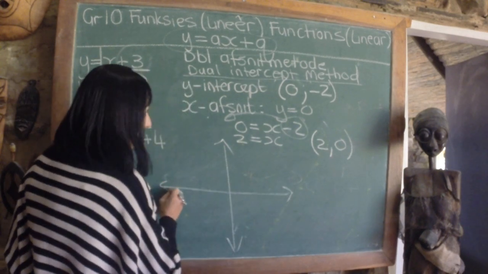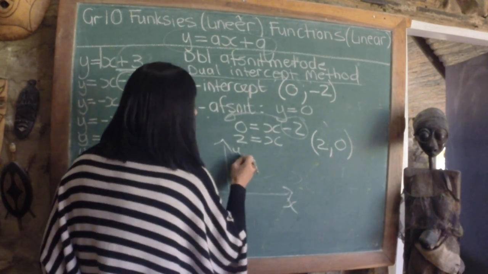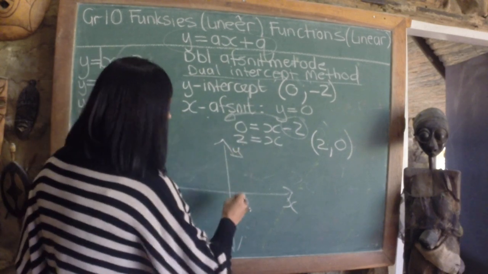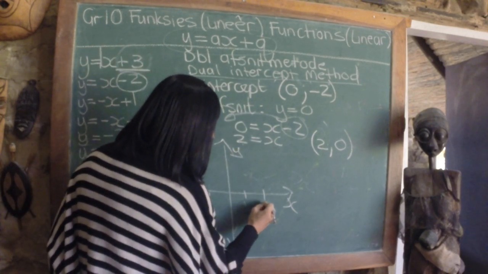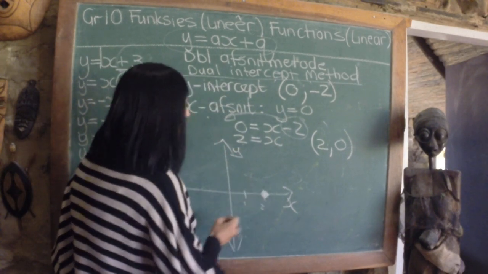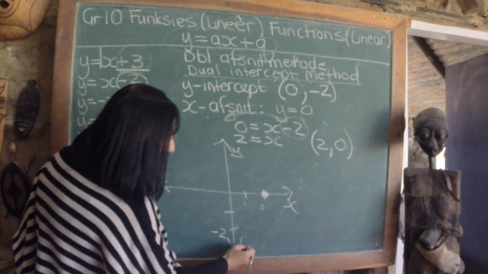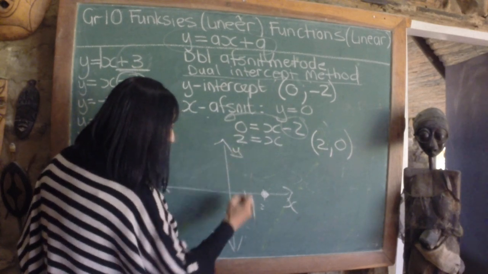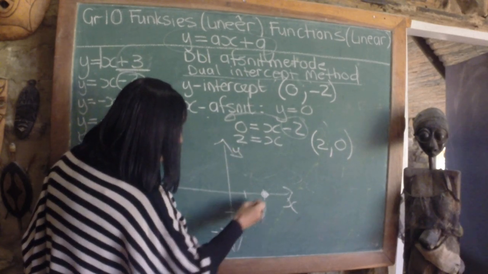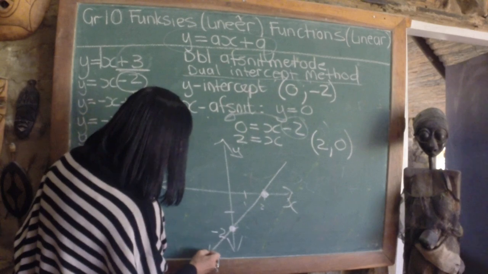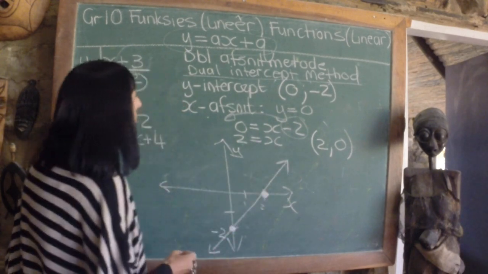Ek het vir my x-as, ek het my y-as, my x-waarde is +2, daar is hy, kan hom inkleur. My y-waarde is -2. The negative side of the y-axis. So I color the dot there. Dit is weer 'n opdraande lyn. Hoekom?